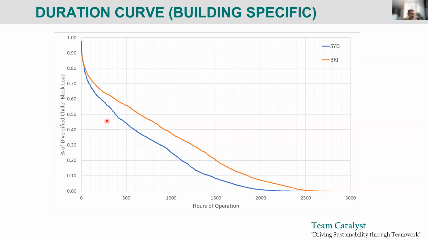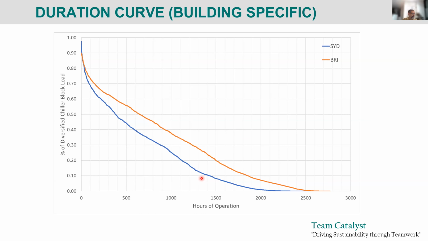One of the craziest things that we found in many of the moderate climates that we work on, for Sydney, for example, is that from about this point to that point, typically an office building runs about 2,600 hours. So you're saying that for about 1,400 hours, I only need 10% or less of my installed capacity. That means for about 46% of operating hours, I need only 10% of my capacity.